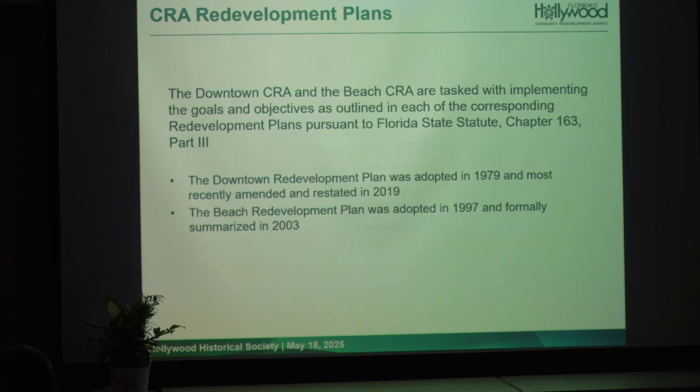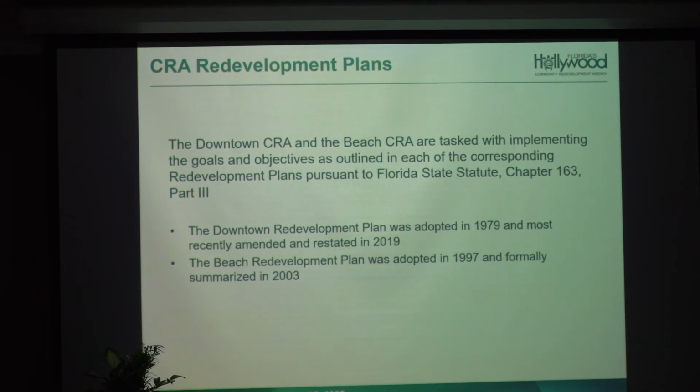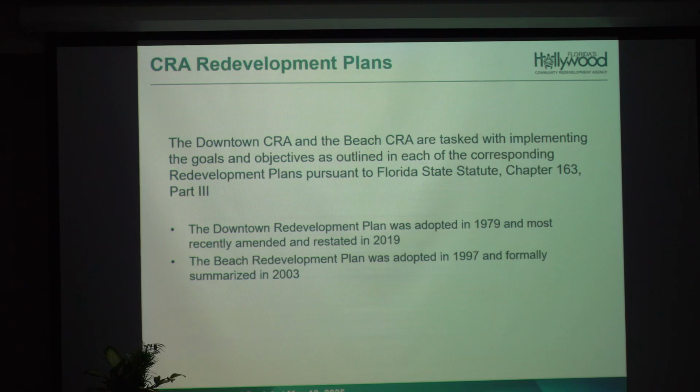So, the downtown CRA and the beach CRA are tasked with implementing goals and objectives as outlined in each of the corresponding redevelopment plans pursuant to the statute. The downtown redevelopment plan was adopted in 1979, and then it was recently amended and reinstated in 2019.